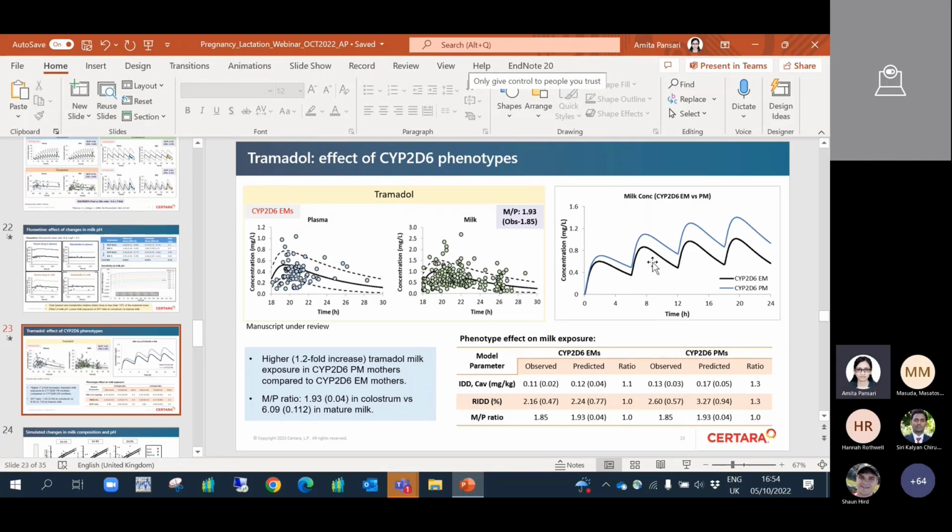Why would the ratio change if there's no transport? Kunal, on behalf of the IQ PBPK induction team, is going to be giving a talk in a couple of weeks' time, on Thursday, the 20th of October, looking at one of the recent publications and outcomes from that publication in terms of current practices, gap analysis, and proposed workflows for PBPK modeling of cytochrome P450 induction.